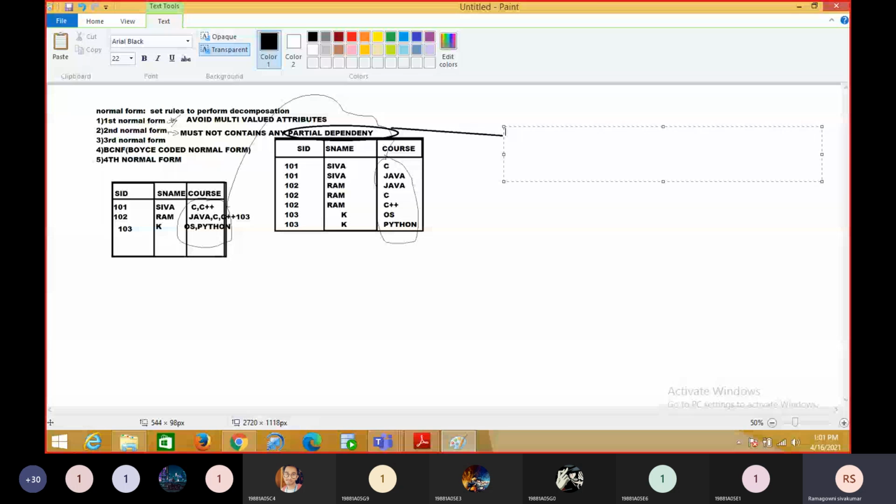Next one is BCNF, Boyce-Codd normal form. The rule is, for every functional dependency A determines B, A has to be a super key, not a trivial functional dependency.